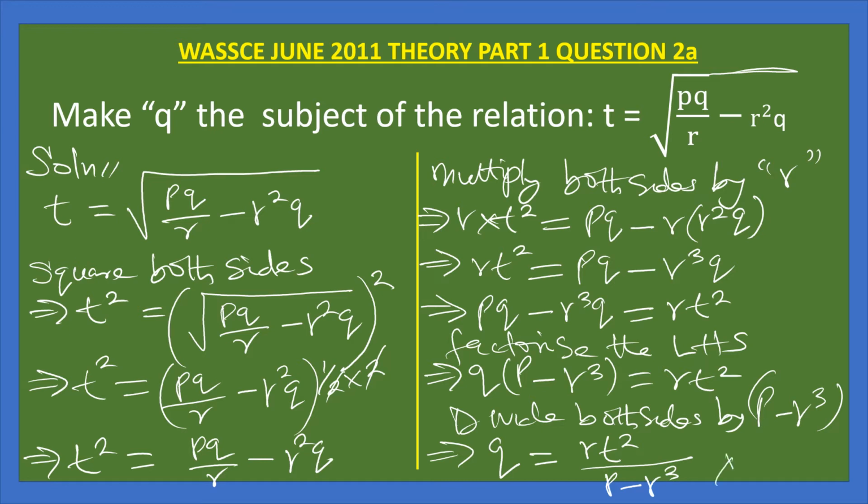So this is our answer. Remember, when you divide both sides, this P minus R cube will give way for the Q to stand alone, thereby making Q the subject of the formula. So this is our final answer.